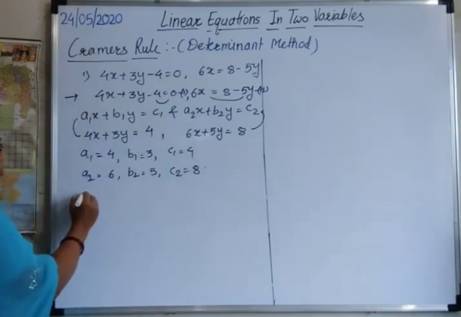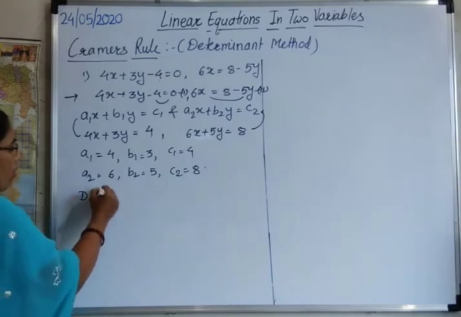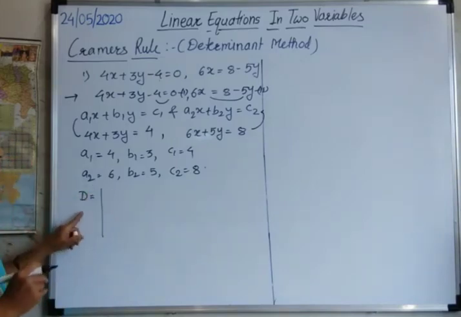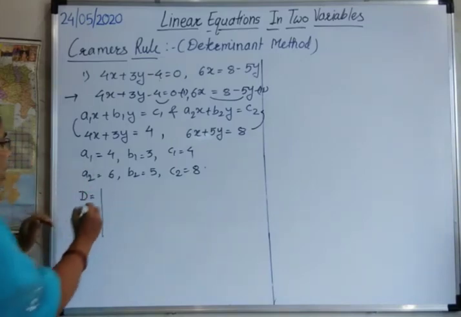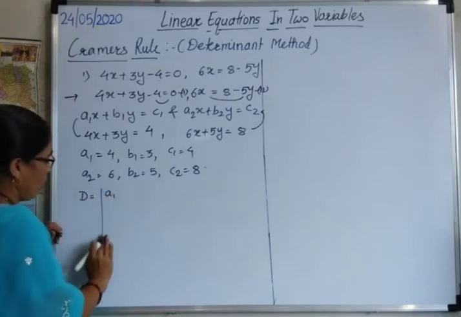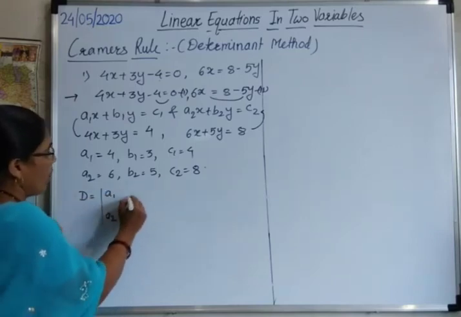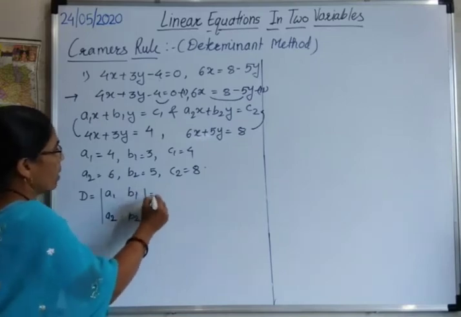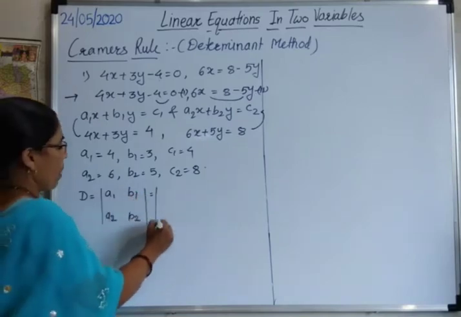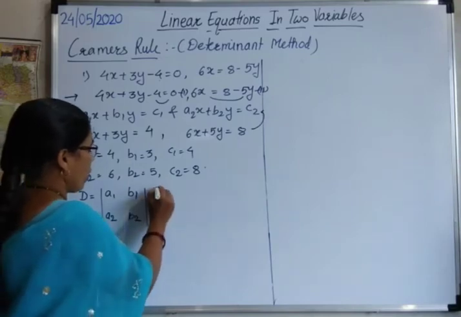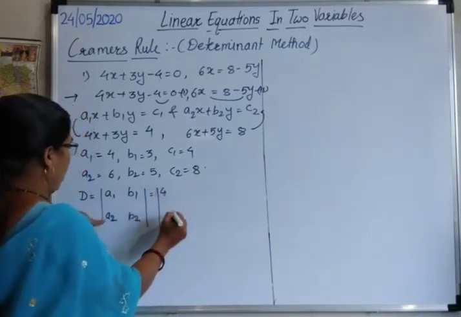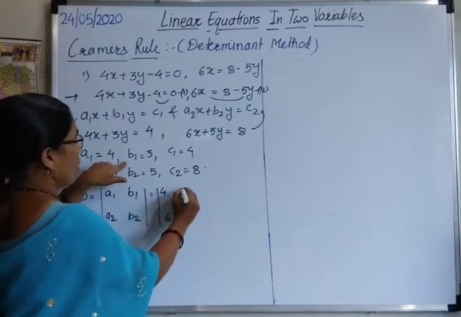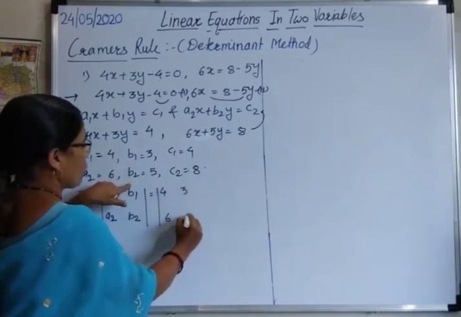Therefore, first we have to find the determinant D. When we are finding the determinant D, we have to take a1, a2, the coefficients of the x term, and b1, b2, the coefficients of the y term only. The value of a1 is 4 and a2 is 6, b1 is 3, b2 is 5.